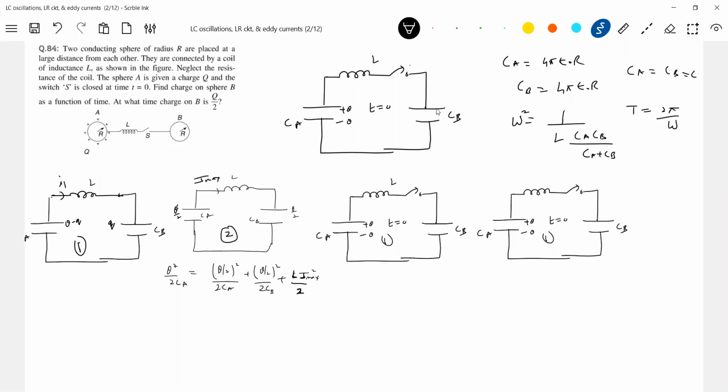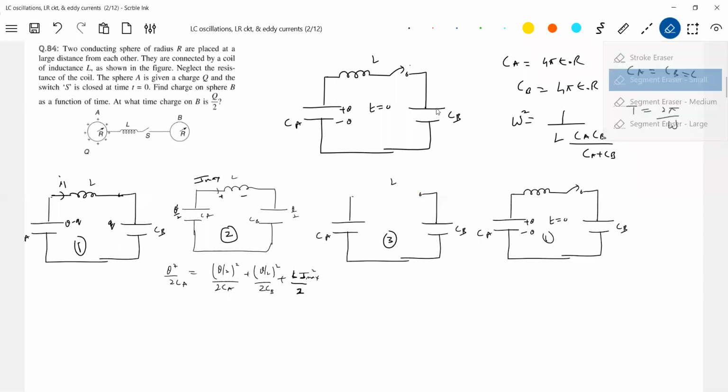There will be some energy in the inductor and also energy in both the capacitors, with the same capacitance and the same charge. So after this, the charge on capacitor B will further increase and the current will be flowing in this direction.